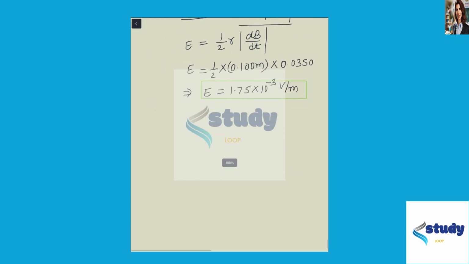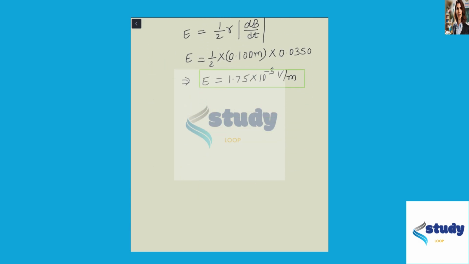Moving to the next part, part C is to find the induced EMF. The induced EMF epsilon can be written as the closed integral of E dot dl. So from here we can write E multiplied by 2 pi r.